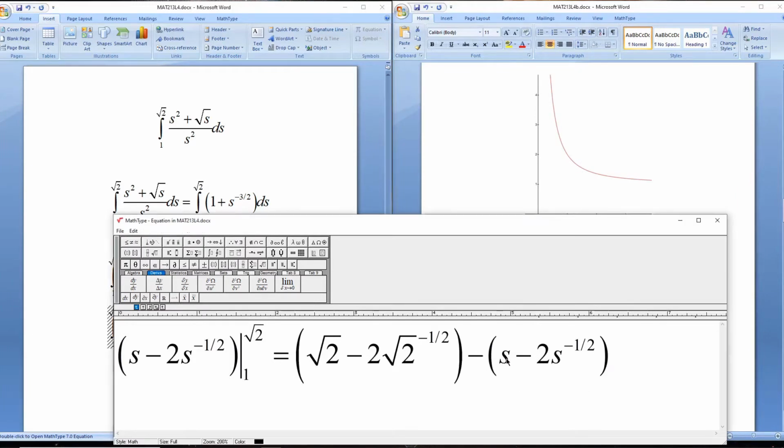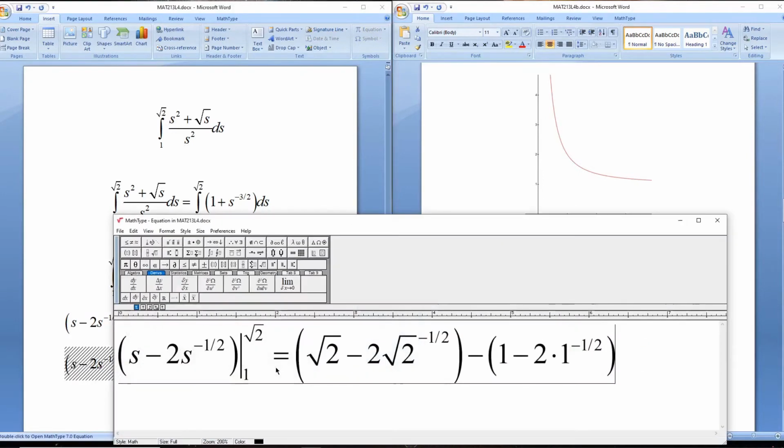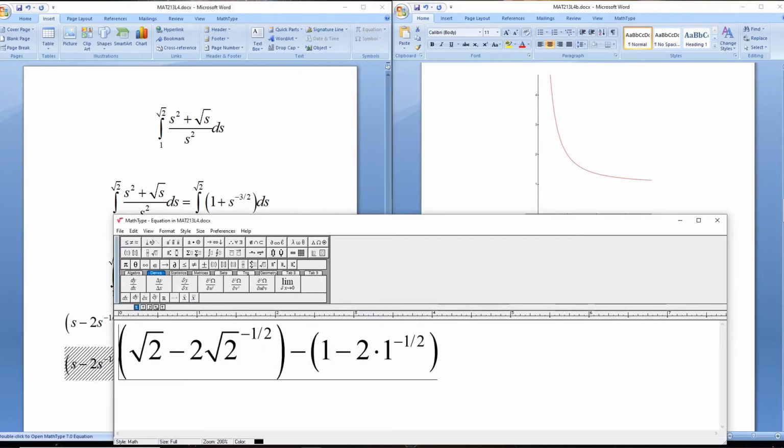So we got a is 1. We'll plug that in. And now that we've done that, we can just do some arithmetic and clean this up, at least the best we can here.